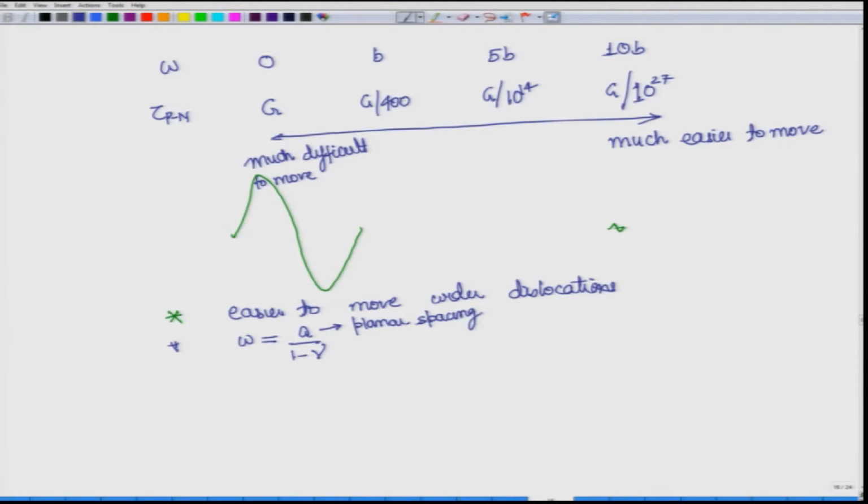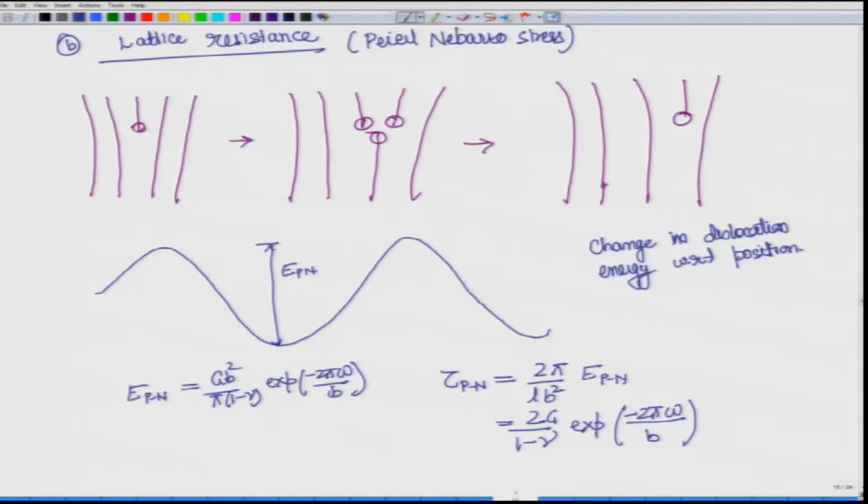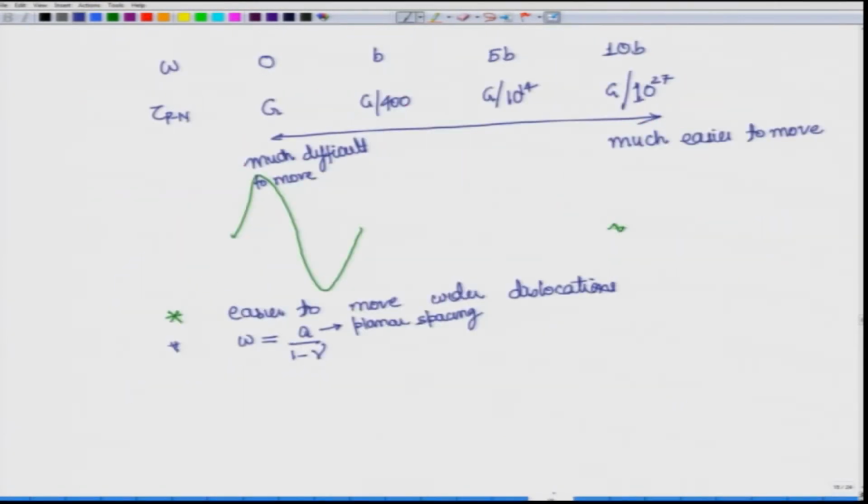Now, this W is in the exponential factor. Therefore, what we want is that the planar spacing should be largest. If you go back to the equation over here, you want W to be very large for tau Pn to be small, and for W to be very large, A must be very large.